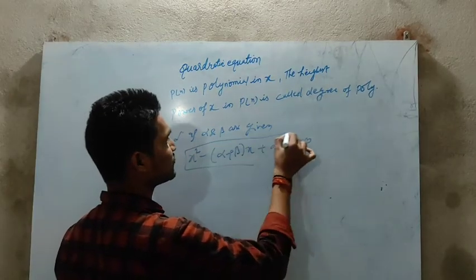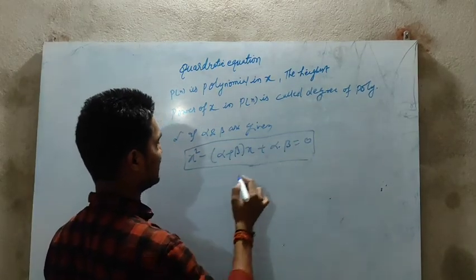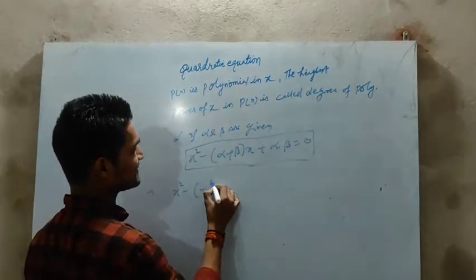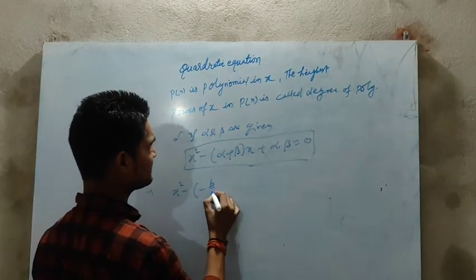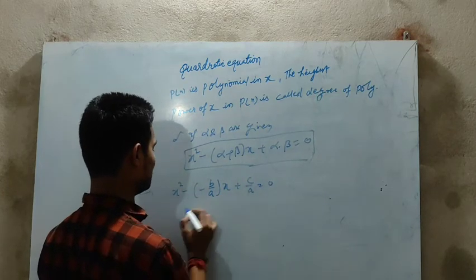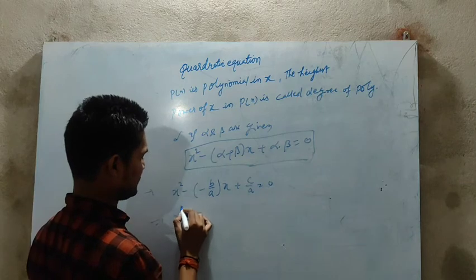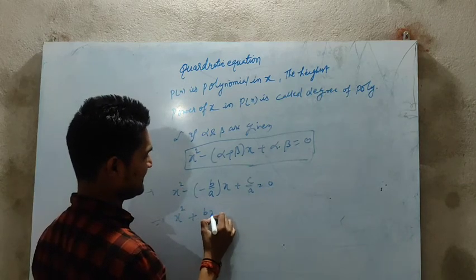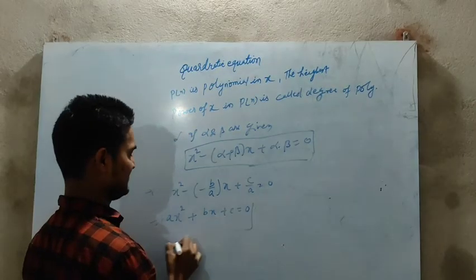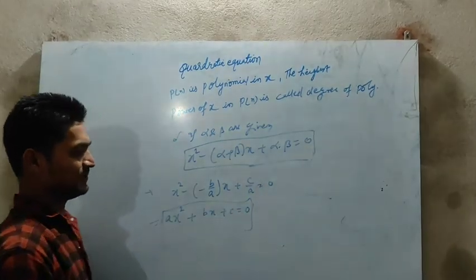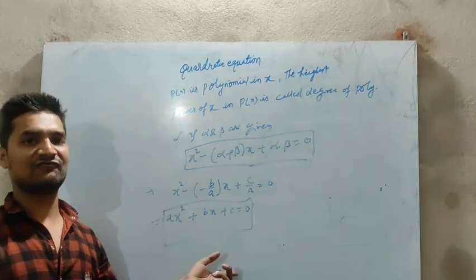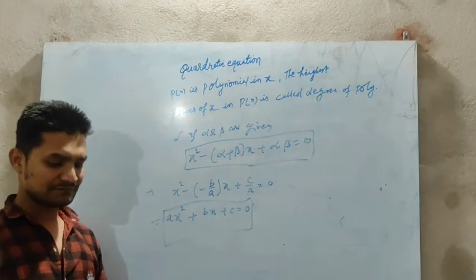If we solve this, we can find the quadratic equation: x^2 - (b/a)x + c/a = 0, then ax^2 + bx + c = 0 is a quadratic equation whose roots are alpha and beta.